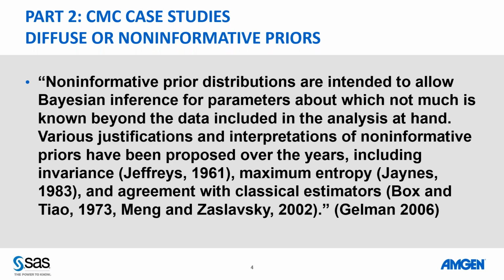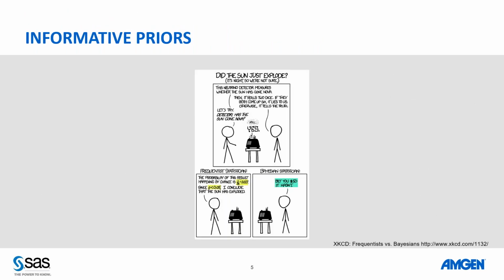So let's talk about informative priors. I'll let you look at that cartoon, maybe a little small. They're trying to decide if the sun has gone nova. And our money here is with the Bayesian because we do have prior knowledge.